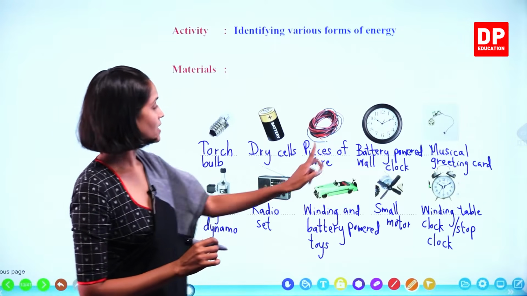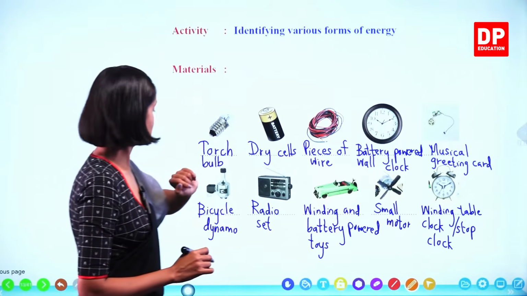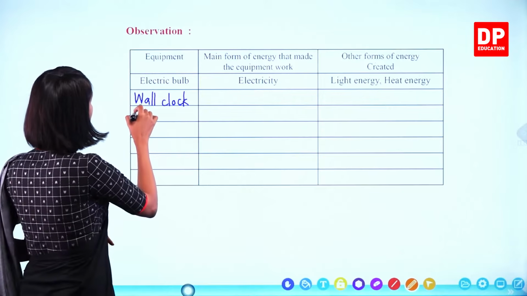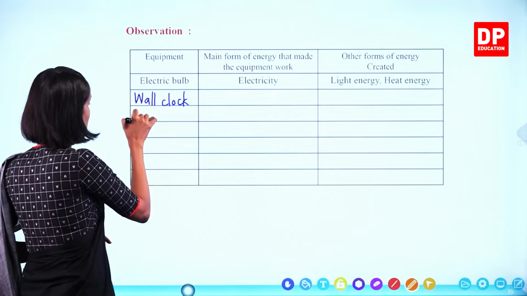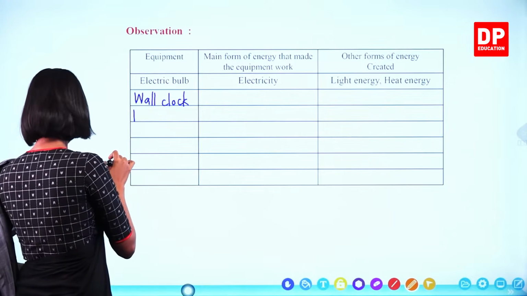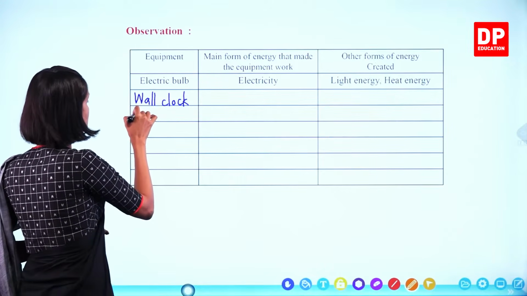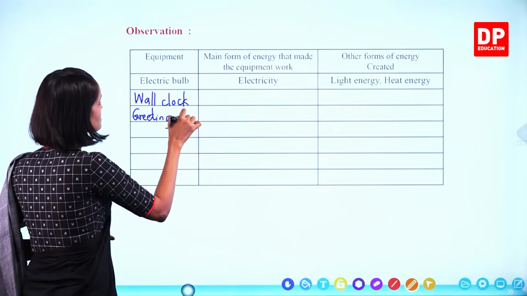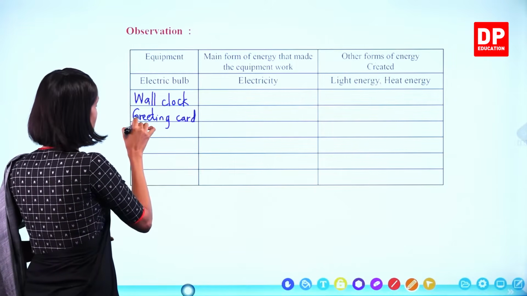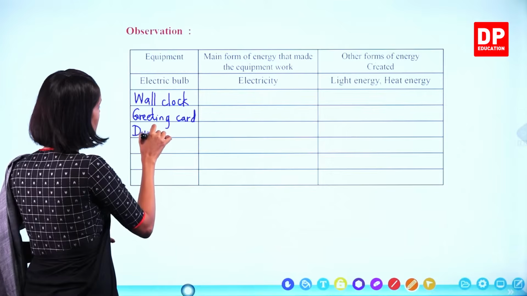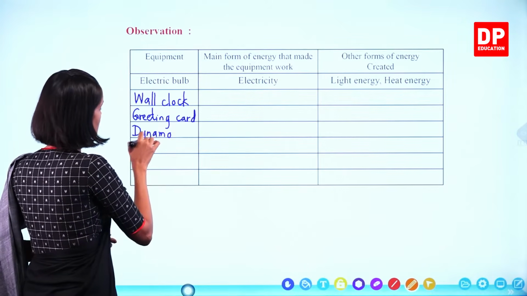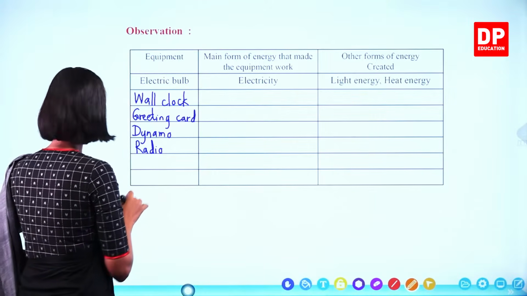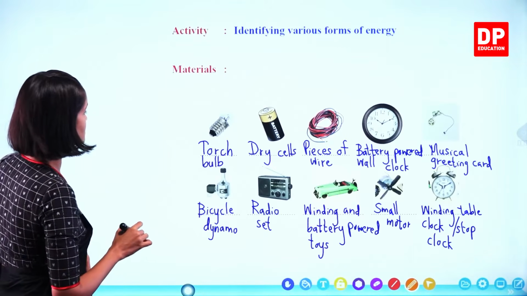And then we can write greeting card, dynamo, radio, and then what else?